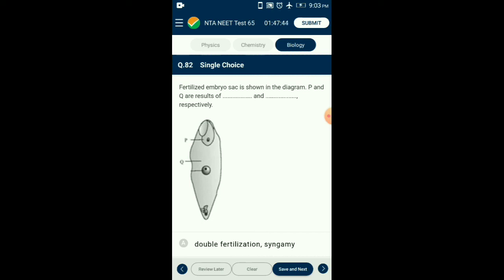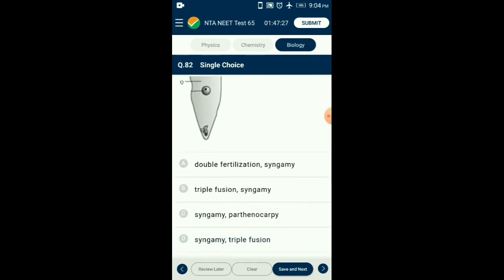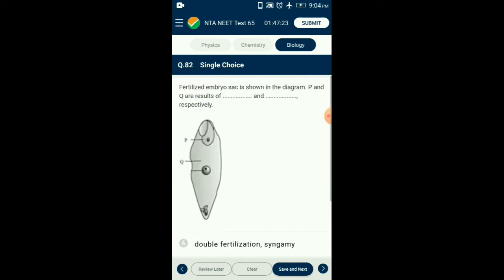Male gamete 2 fuses with the diploid central cell, called triple fusion. The primary endosperm cell is formed. Syngamy and triple fusion together are called double fertilization. So the answer for this question is option D, syngamy and triple fusion.